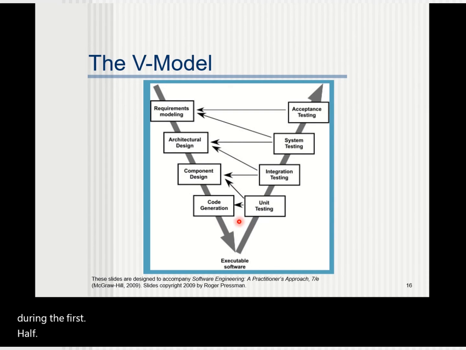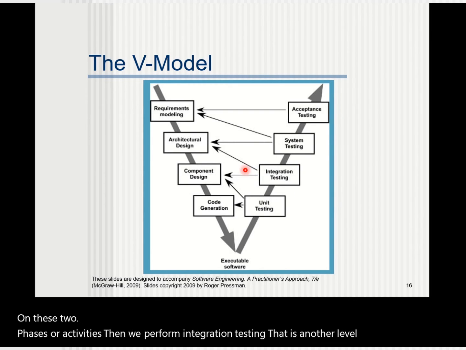So when we started moving to the right side, we see that we perform unit testing on these two phases or activities. Then we perform integration testing, that is another level of testing that is performed on these aspects.